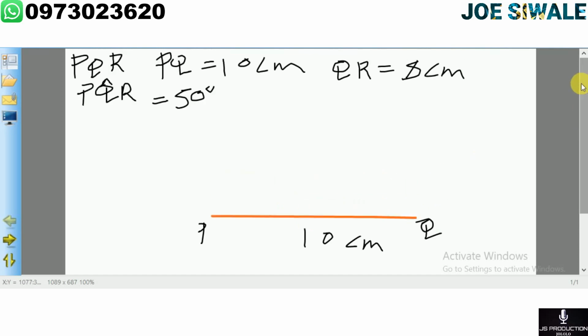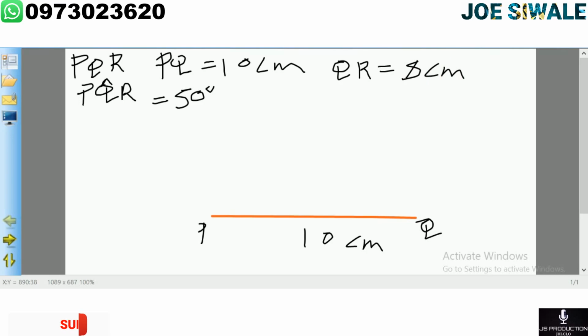The other thing that I know is that QR has been given as 8 centimeters. So here I have Q, which means R is somewhere here, and the position I don't know, but I know that R is 8 centimeters from Q.